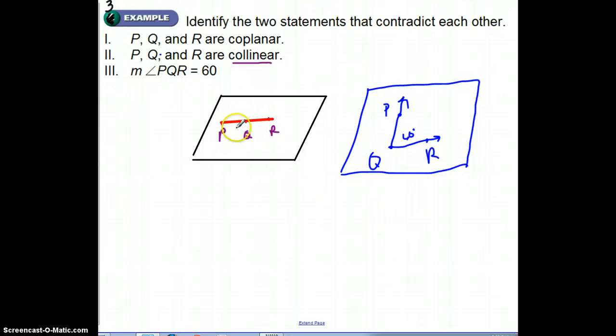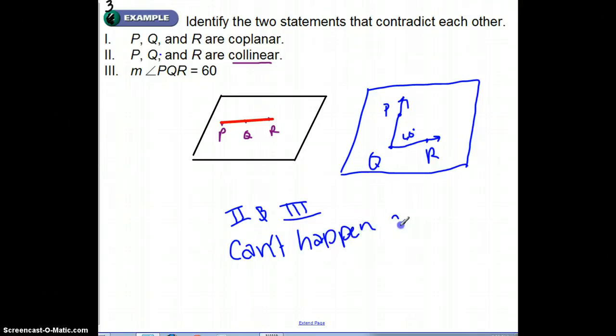But there's no way that you can have these lined up and have a degree of 60 at the same time. A straight line gives me an angle of 180. So if I'm looking at which ones contradict each other, there's no way that 2 and 3 could happen at the same time. So if 2 and 3 can't happen at the same time, then that means that they contradict each other.